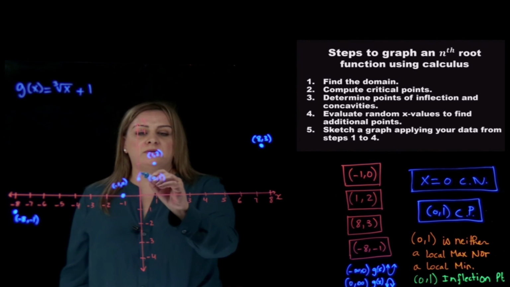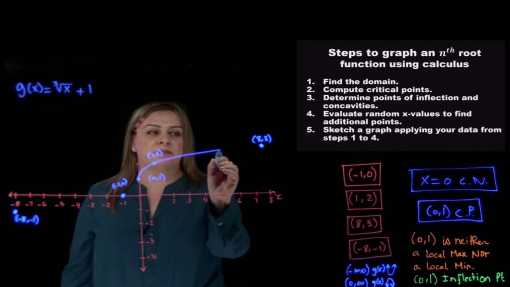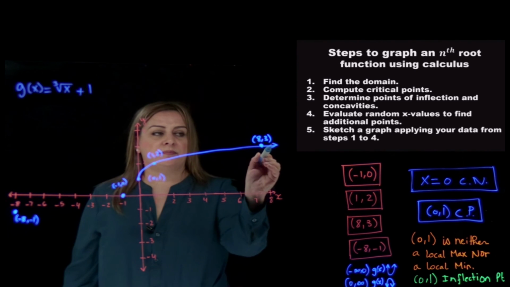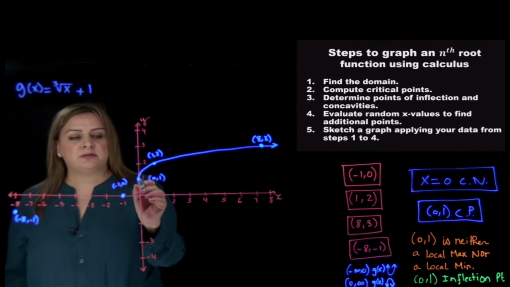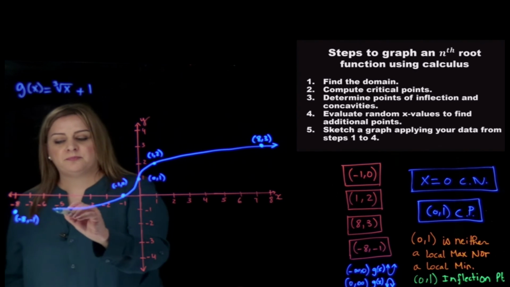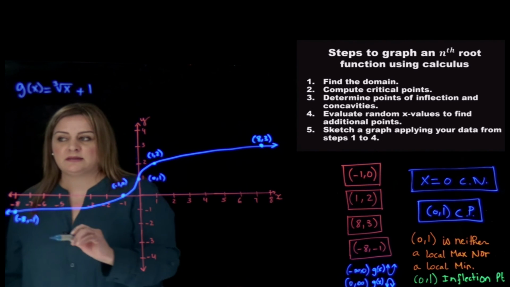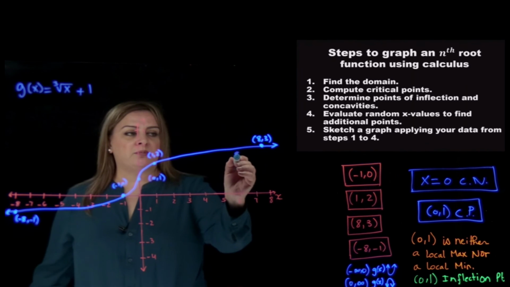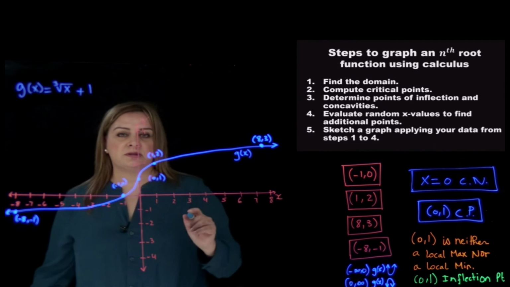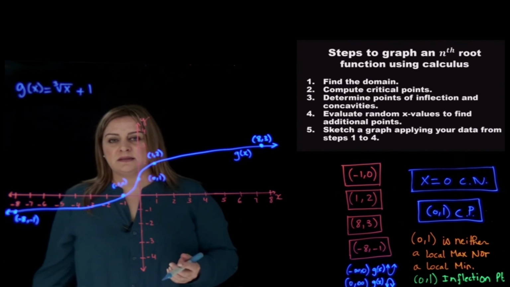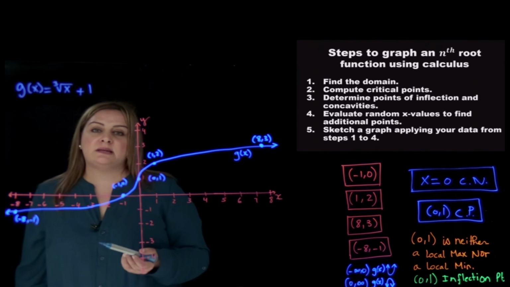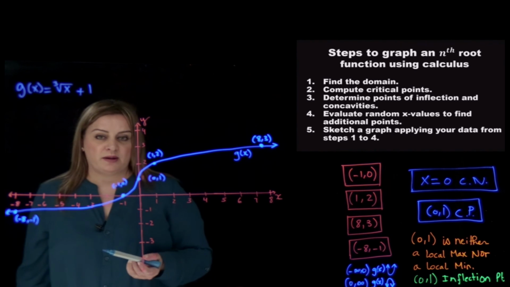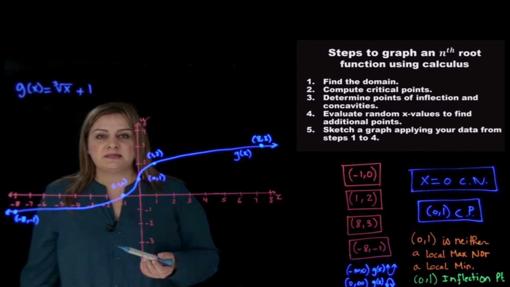So concave down will be something like this. And from here to negative infinity, g of x will be concave up, somewhere like this. And I will label the function that I graphed g of x. This is the graph of our masterpiece, g of x equals the cube root of x plus 1. I hope you find this video helpful.